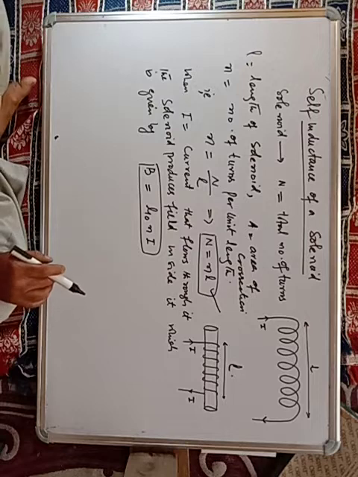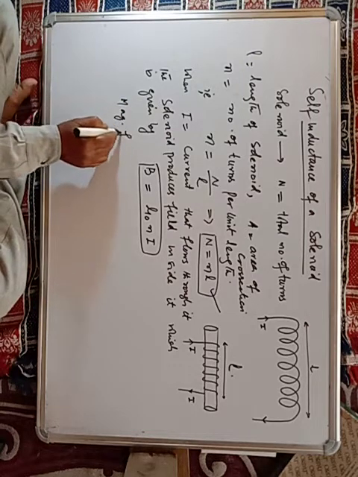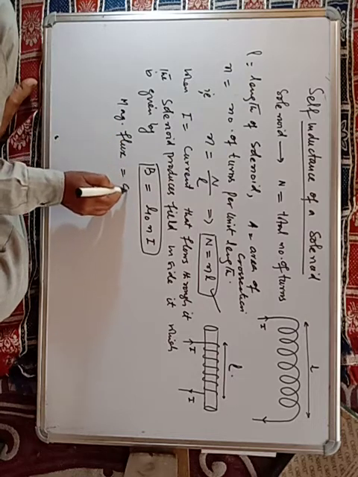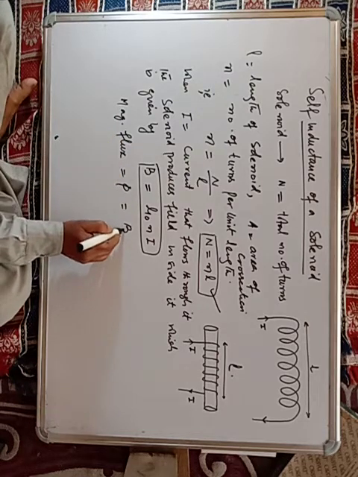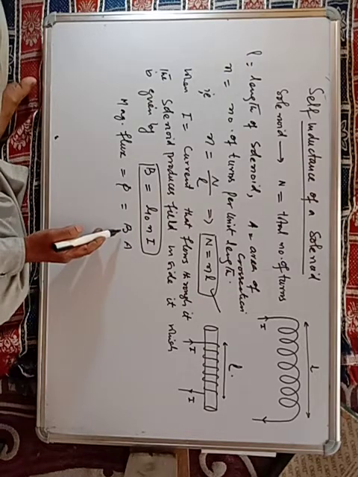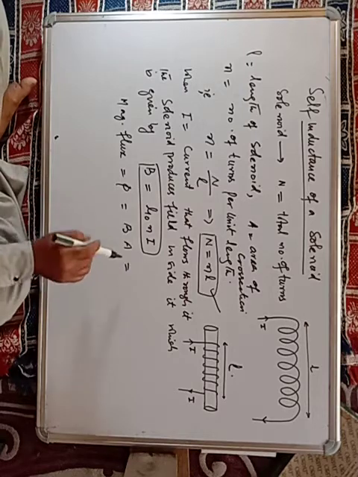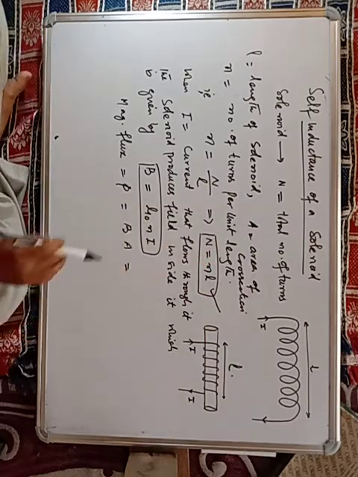From this we can find the magnetic flux, phi, which is equal to B into A, where B is the magnetic field and A is the area. We have taken A as the area of cross section. What is B?